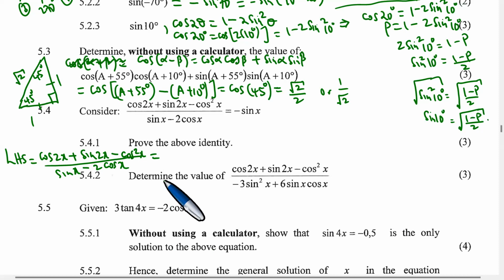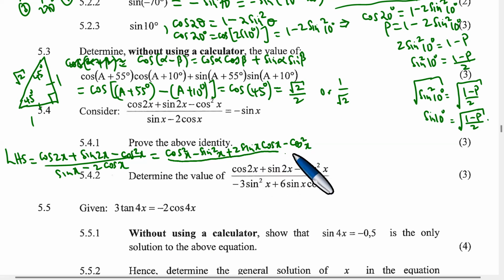What is cosine 2x? We use the formula for that, which is cosine 2x is cosine squared x minus sine squared x. So in the end, what does this give us?